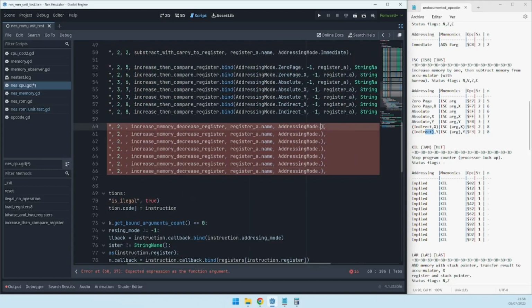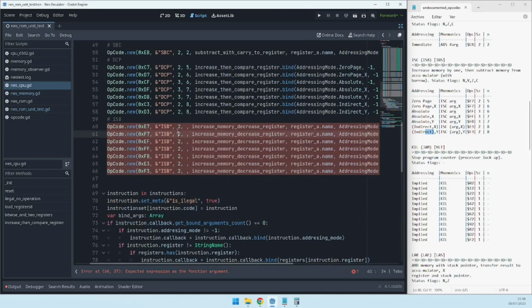The addressing modes that match are zero page, zero page X, absolute, absolute X, absolute Y, indirect X, and indirect Y. Okay.